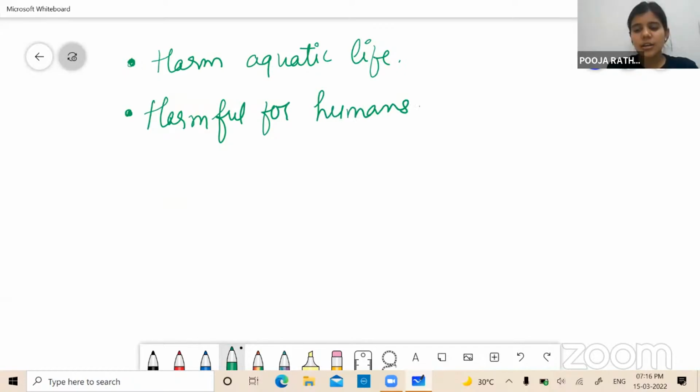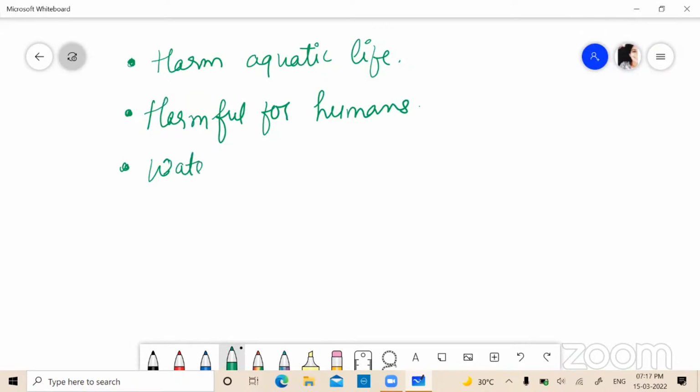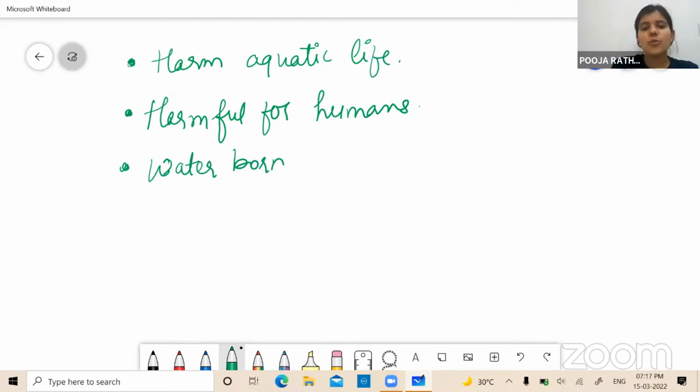Yes, it causes different types of diseases. Abhinav, you said about typhoid. Yes, ma'am, it gives us waterborne diseases. Yes, Pragya, what were you saying? Ma'am, I was saying about waterborne diseases. Yes. Harmful to humans, waterborne diseases may come.